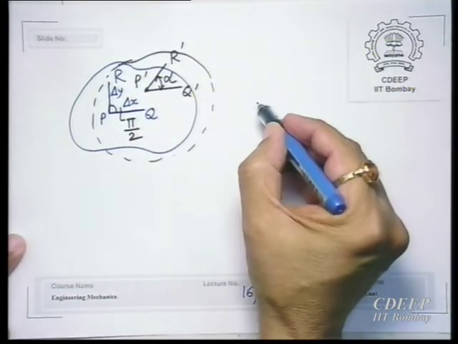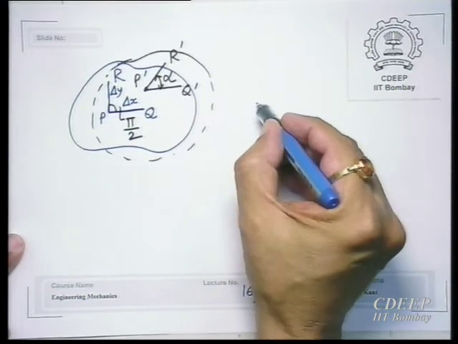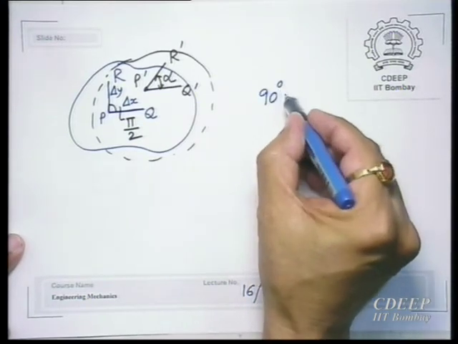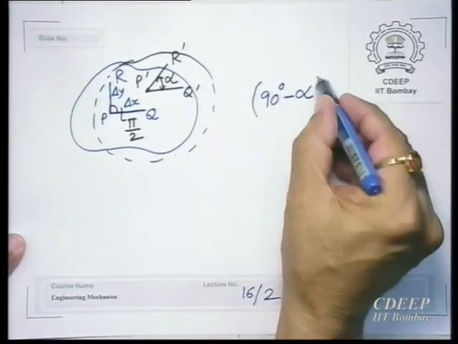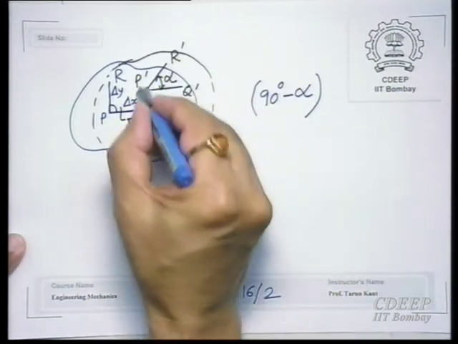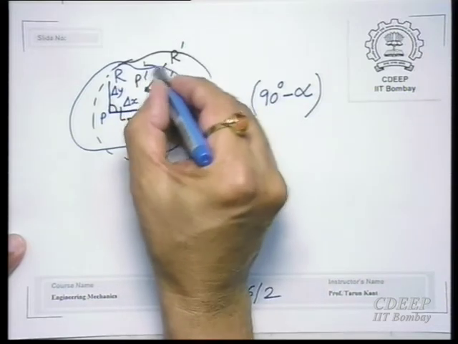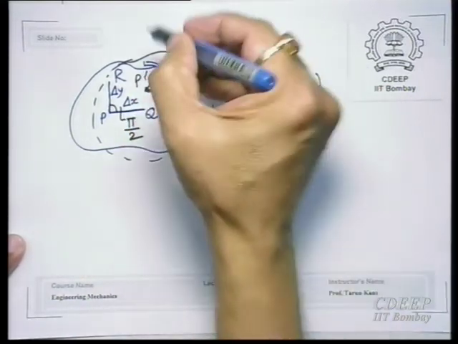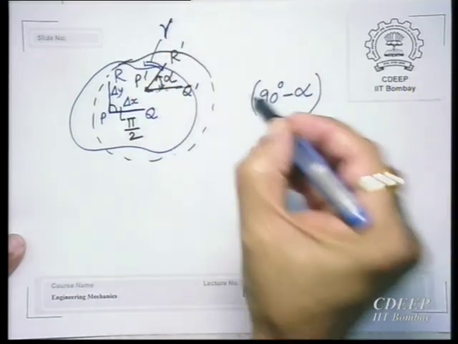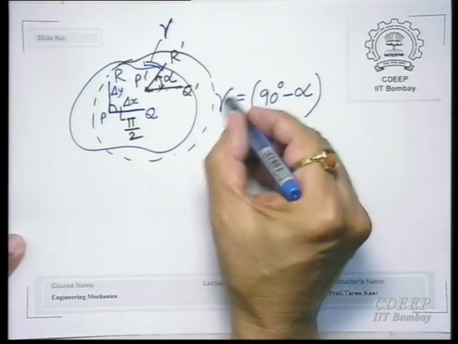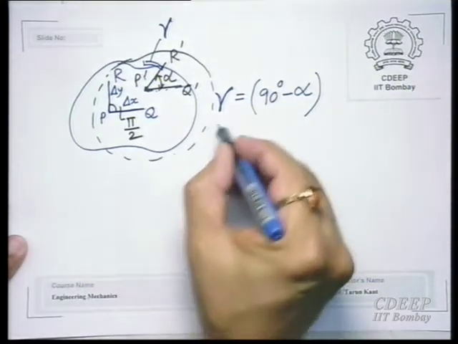This change is 90 degrees minus alpha. This 90 degree is the original and then minus alpha. So what is remaining is this, and this one is denoted by another symbol. This is also another kind of strain, and we denote it by a symbol gamma, and this is change in right angle.